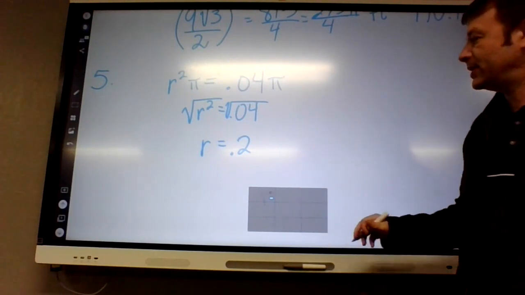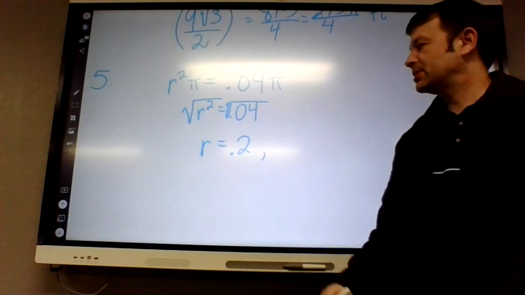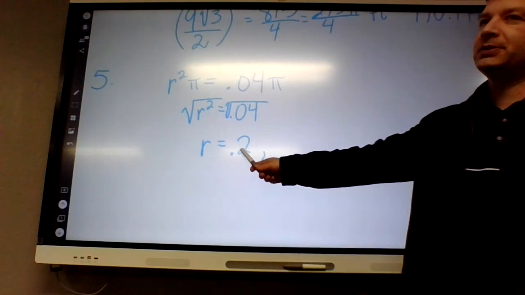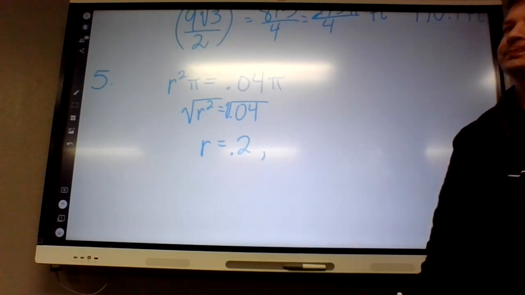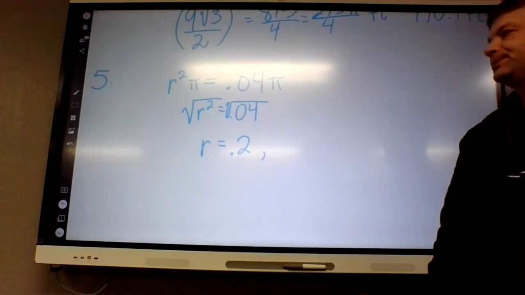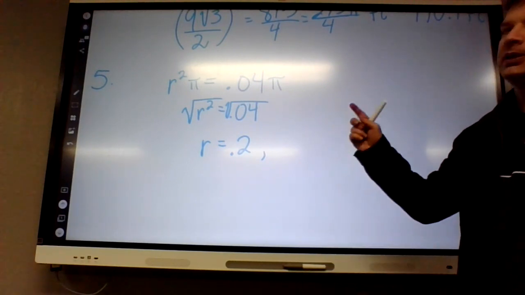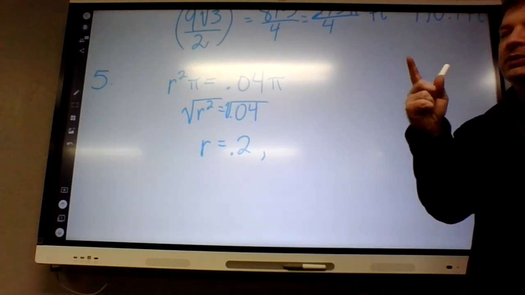Olivia, if that's the radius, what's the diameter? This is the radius. What's the diameter? How do you go from radius to diameter? Times 2. Yeah. Remember the radius just goes halfway. Yeah.